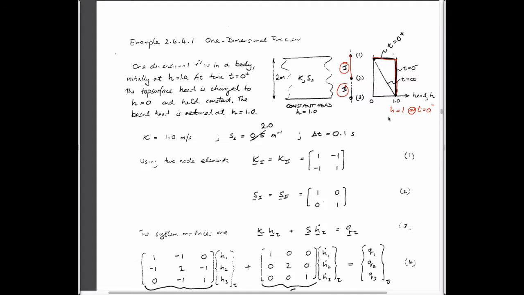And then all of a sudden at time t equals 0 plus, in other words, the beginning of our problem, when we turn on the system, we take the pressure at this node, and instead of being 1, this is the head versus height, we're going to move it from being 1 here to being 0.